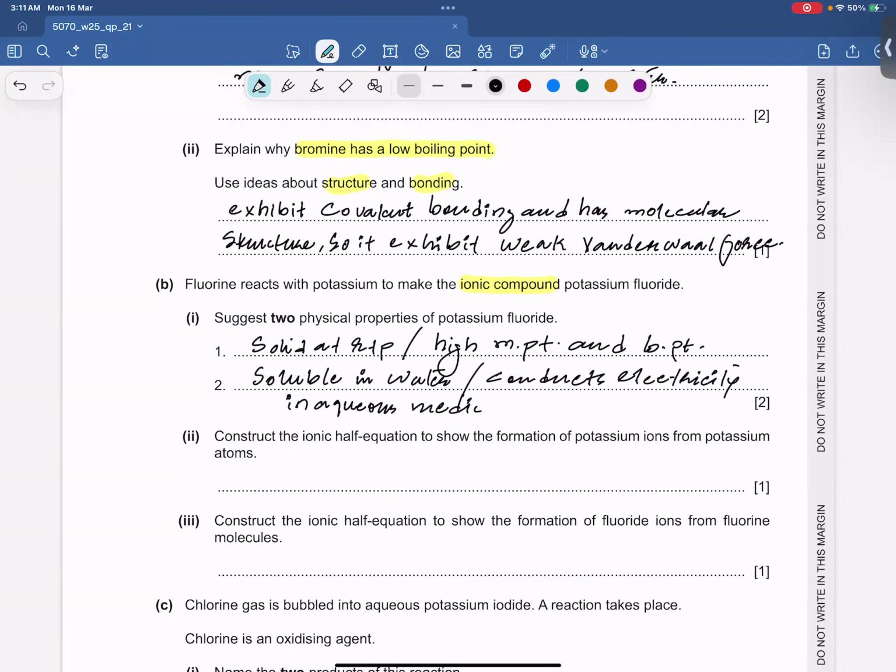Aqueous state or aqueous medium is the same thing. So I have written all the possible physical properties of ionic compounds. You just need to write any two of them from these. All right. So if I were in your place, I would write solid, high melting and boiling point, and that's it.